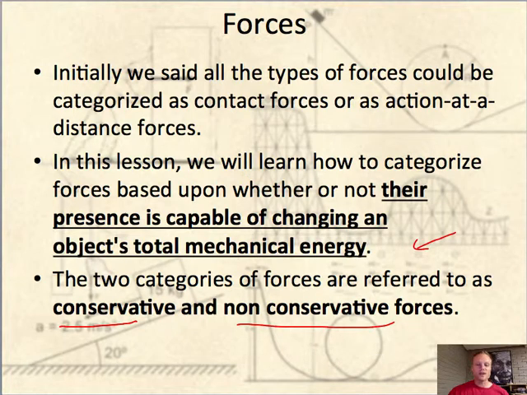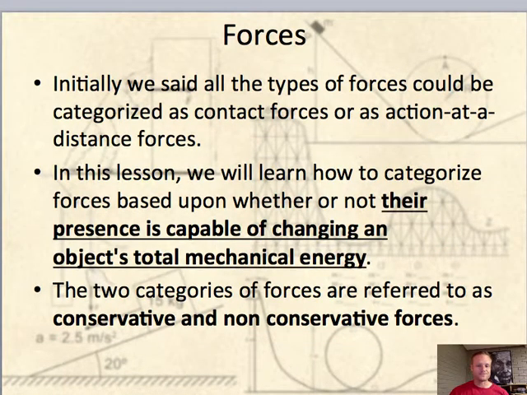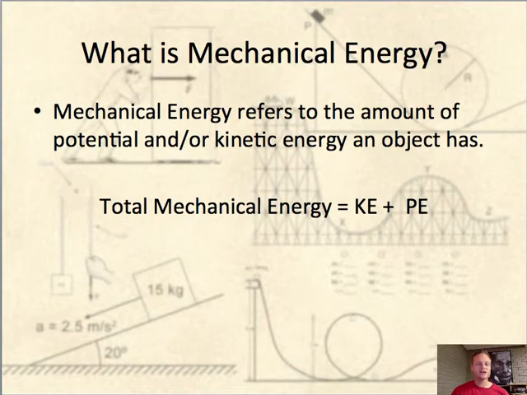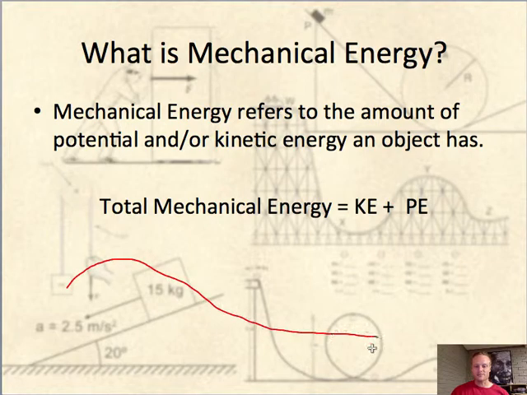But before we do that, I'd like to talk about, well, what the heck is mechanical energy? Mechanical energy basically refers to the amount of potential and or kinetic energy that an object has. Just for instance, say you have a roller coaster track and it looks something like this, and a car is right here and it's flying down the track.